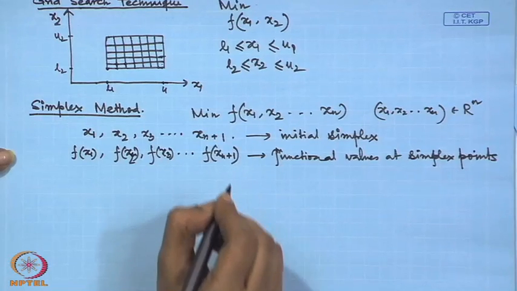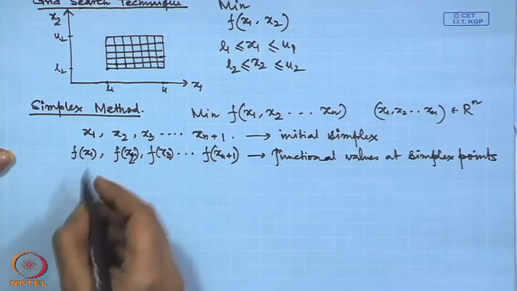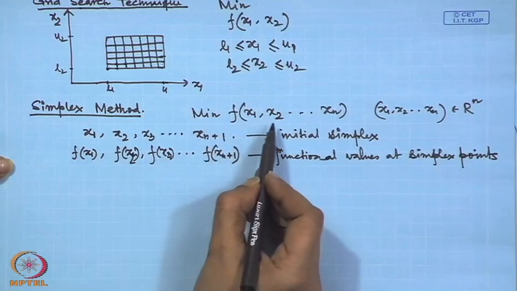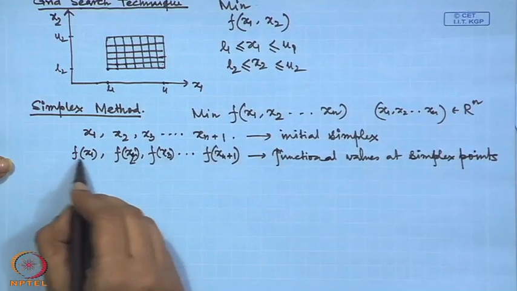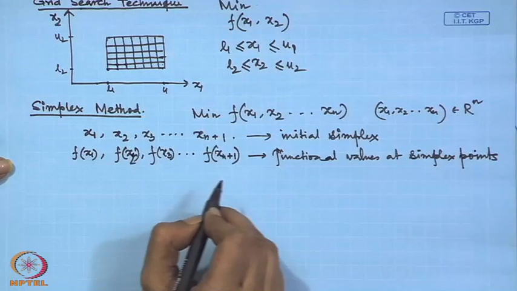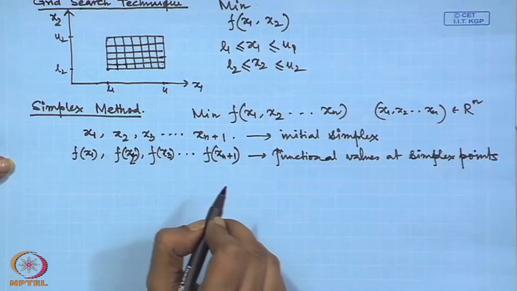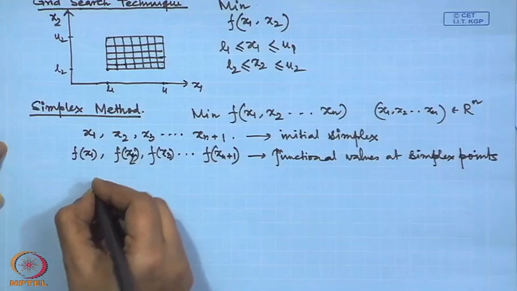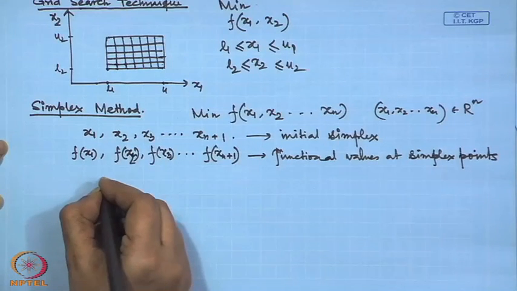After this, we will find a few values. Since we are looking for the minimum value of the objective function, within this set of n plus 1 functional values we will prefer the minimum value. That minimum may not be the optimal solution, but since we are starting the process with this set of values, we prefer the minimum and discard the maximum. That is why we select 2 points, the best point and the worst point.